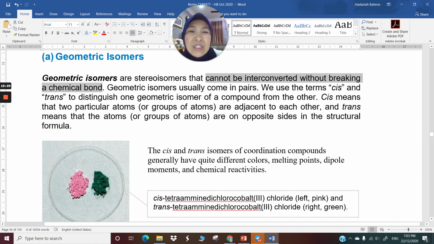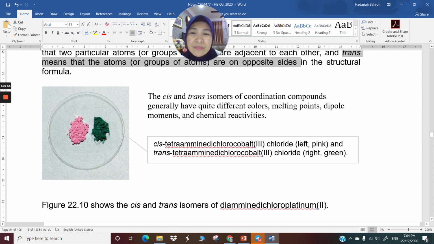Geometric isomers usually come in pairs. We use the terms cis and trans to distinguish one geometric isomer of a compound from the other. Cis means that two particular atoms or groups of atoms are adjacent to one another, next to each other. And trans means that the atoms are on opposite sides in the structural formula.